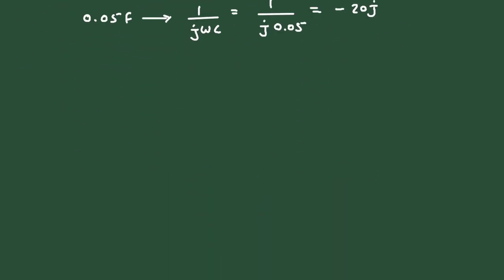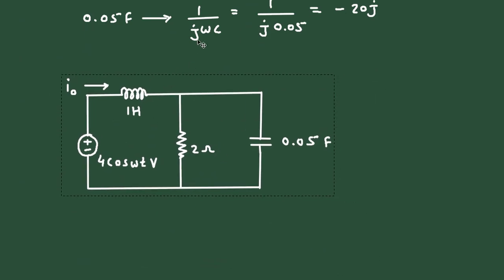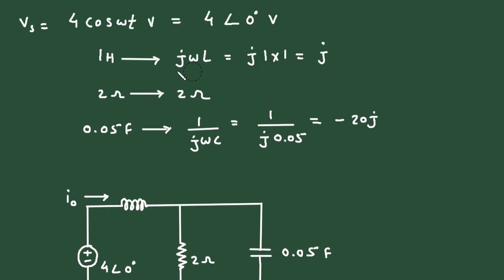Now let's copy the circuit again. Now we will change the values. So this will be 4 at an angle 0 degree. This 1 Henry will be only j. This 2 ohm will remain 2 ohm.